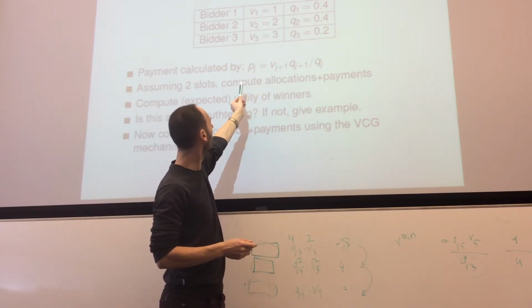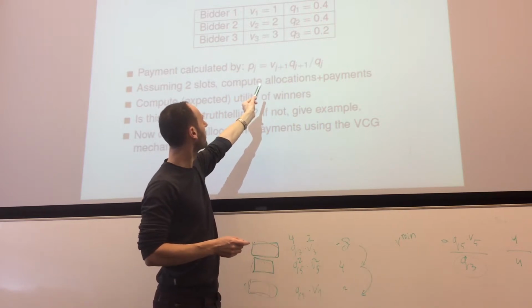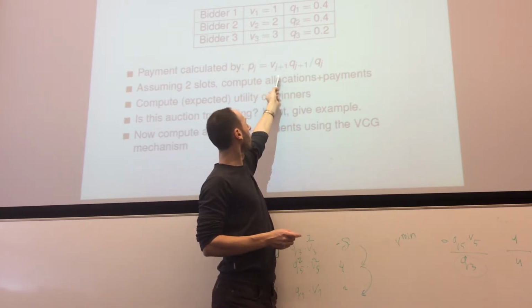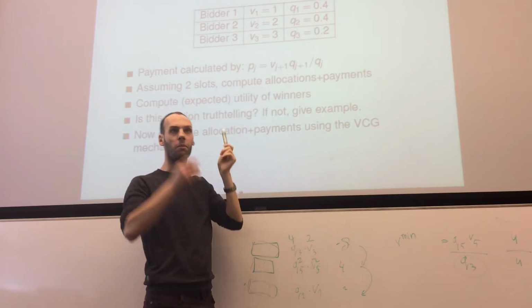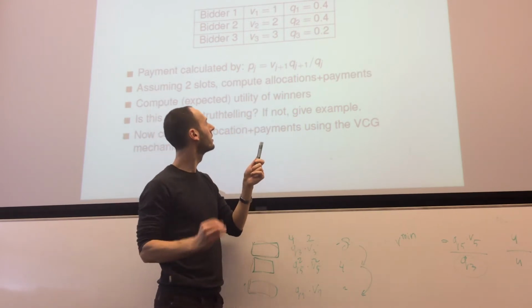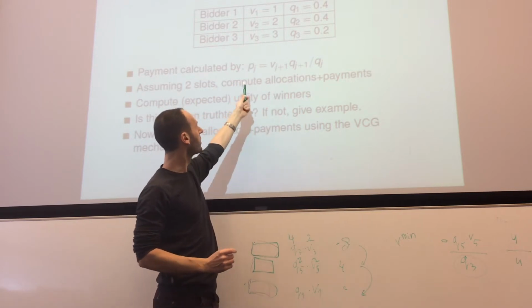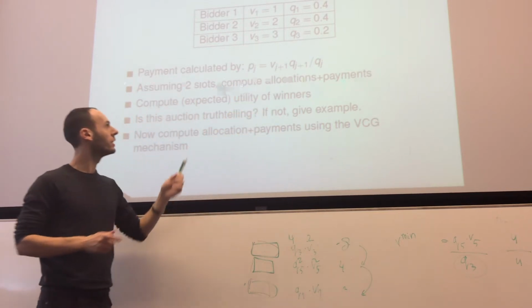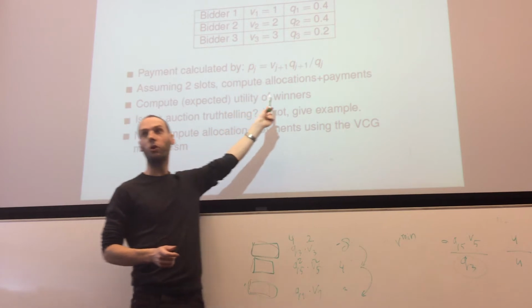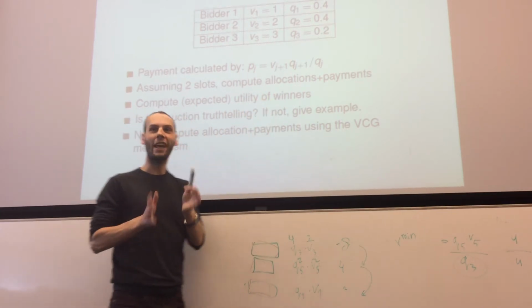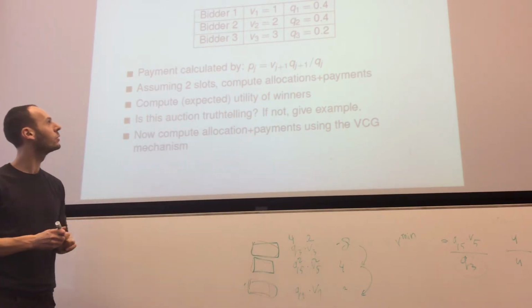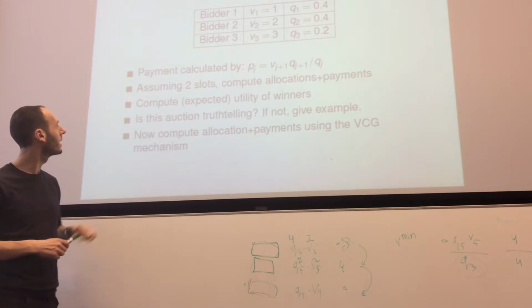So your payment is equal to the product of the value and quality of the person below you, divided by your own quality. Okay, so that's your payment. And see that it does not contain any of the agent's own reports, because the quality is not something the agent reports. It's only the value Vj that is reported by the agent.